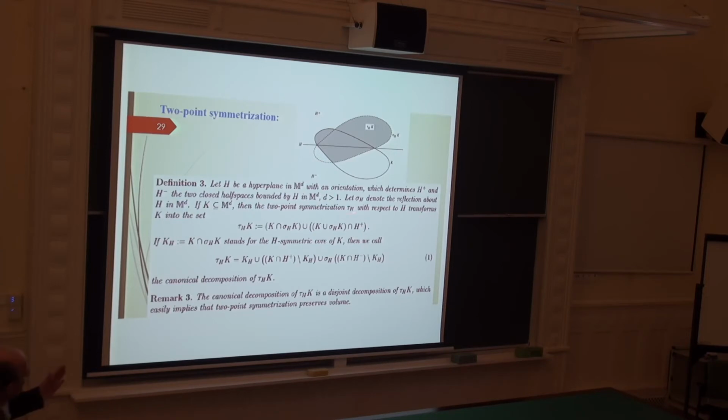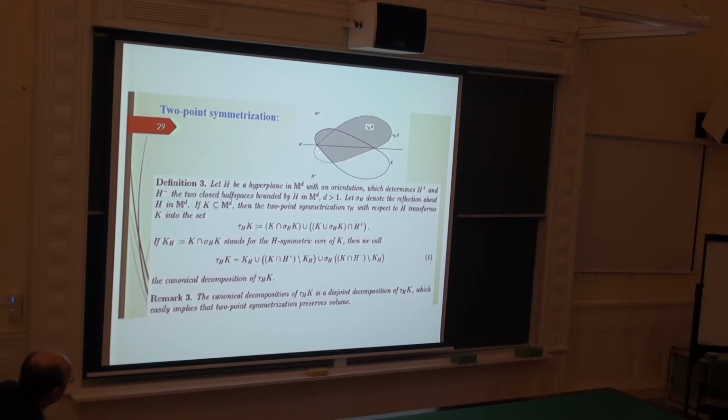And then we will need reflection about H. Sigma sub H denotes the reflection about the hyperplane H. And then we start with a set K. So here's K. And we two-point symmetrize K as follows. Here's the formula for the two-point symmetrization of K. We take the intersection of K with its reflected image.